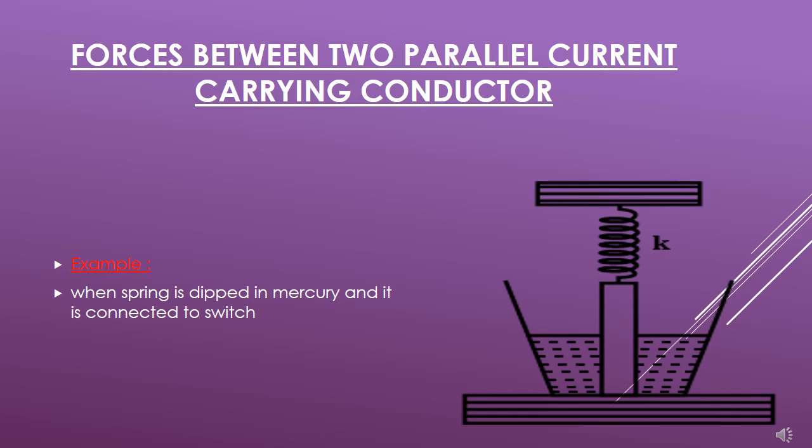So there will be no current. Then again, due to its weight, it comes down into the mercury, again current flows in it. So in this way the spring keeps on vibrating. So we can say that there will be a force of attraction between parallel conductors. So this is the example of parallel current carrying conductors.